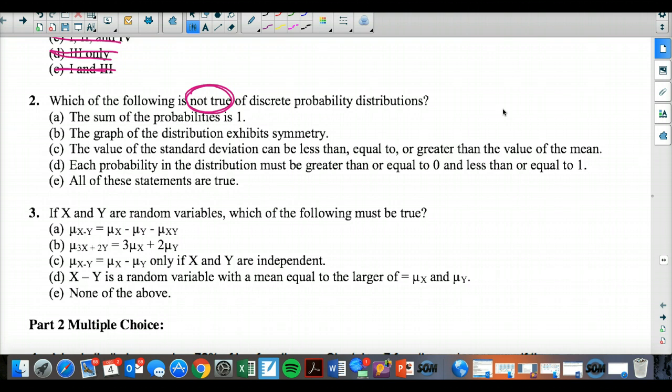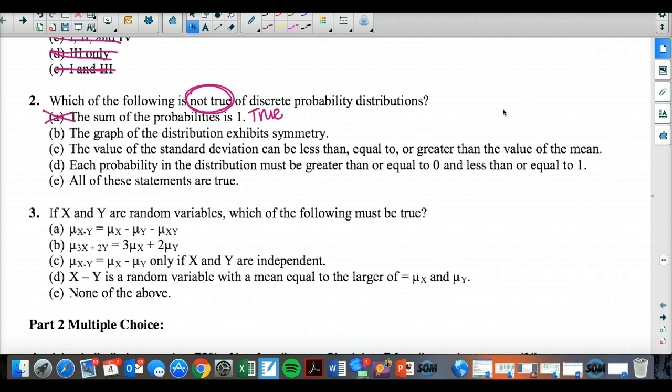So does the sum have to be 1? Yeah, every probability model must sum to 1. So this is a true statement, and since we want not true, we will not look at A.